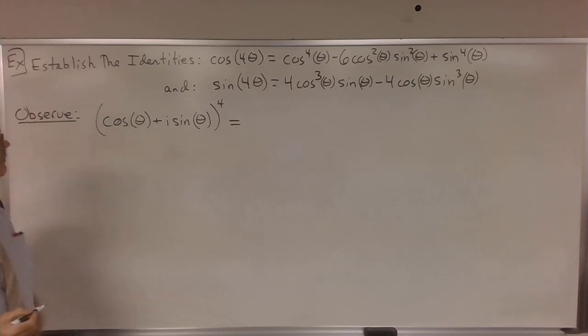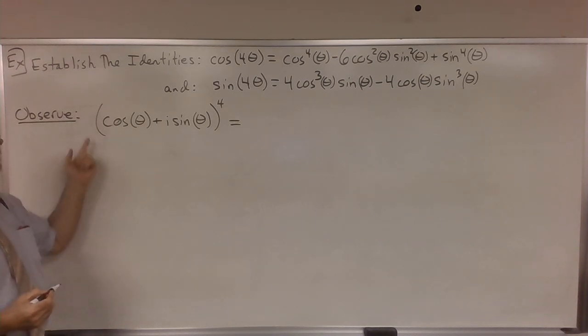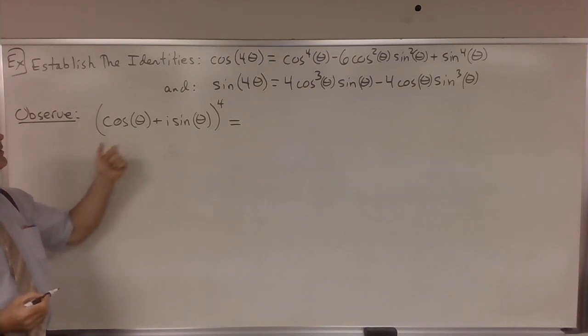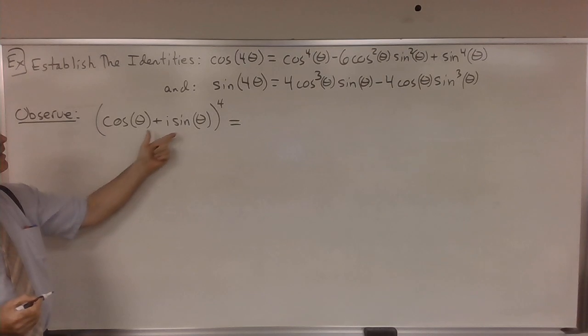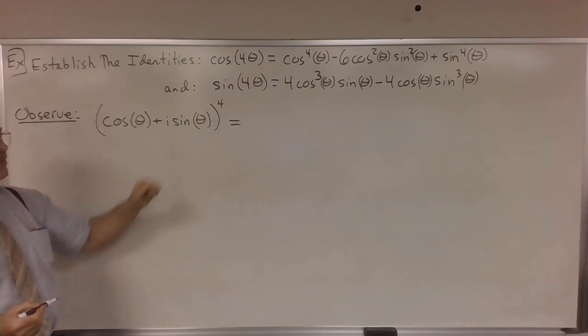And one way we can do this is just to realize that if we have a number in polar form and we raise it to a power, we get the modulus to that power, and the modulus is 1. So we get 1 to the 4th times what's in here with each of the angles multiplied by 4.